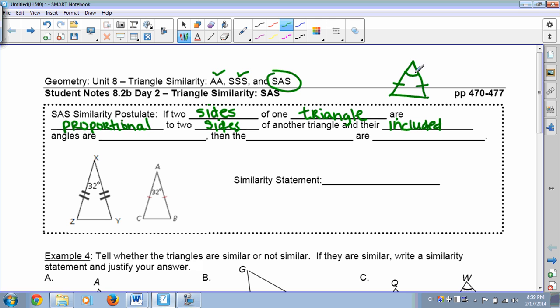It's in between the two sides. And their included angles are congruent, so the angles have to be the same size, then the triangles are similar.